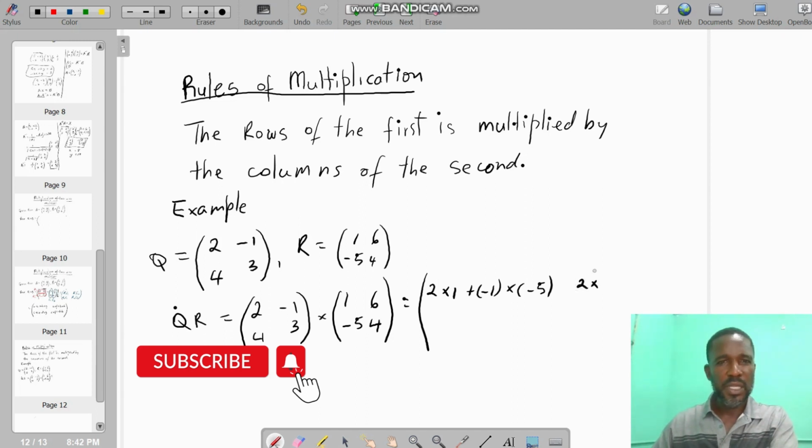It's first row, second column. So it's 2 times 6 plus -1 times 4.